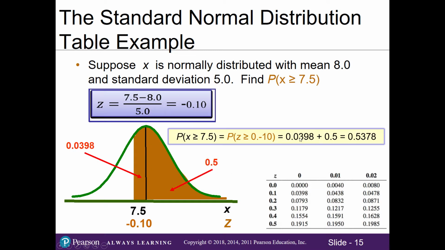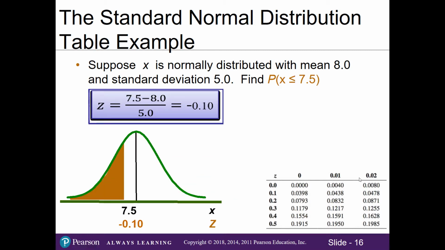When I add the two numbers together, 0.0398 and 0.5, that gives me my total shaded area, or my probability of getting a value that's greater or equal to 7.5 to be 0.5378 or 53.78%.